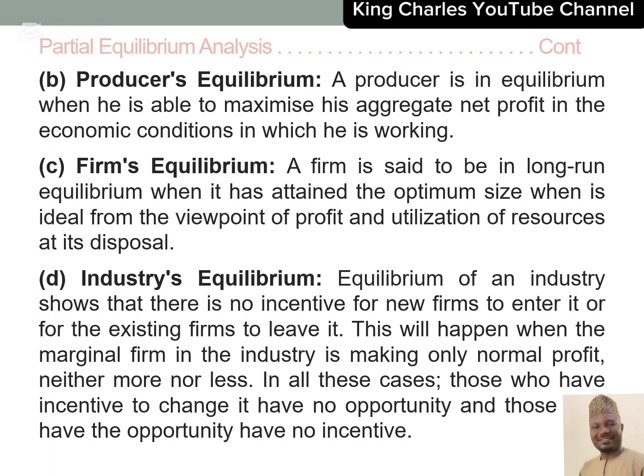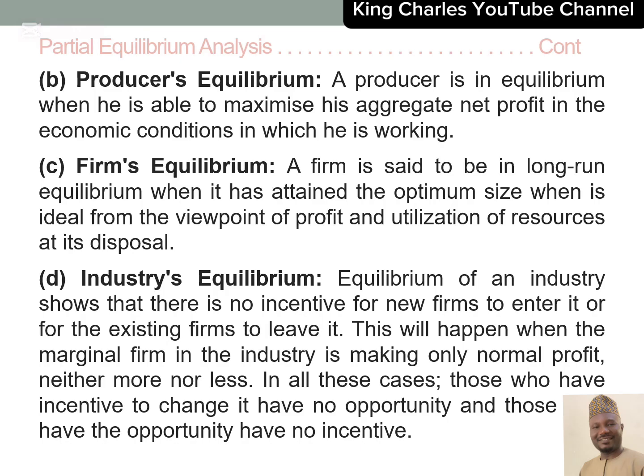Industry equilibrium. Now, when is an industry at equilibrium? An industry is at equilibrium when there is no incentive for new firms to enter or leave the industry. An industry is at equilibrium when there is no motivation, no incentive for any new firm to enter into the industry, and there is no motivation for existing firms to leave the industry.